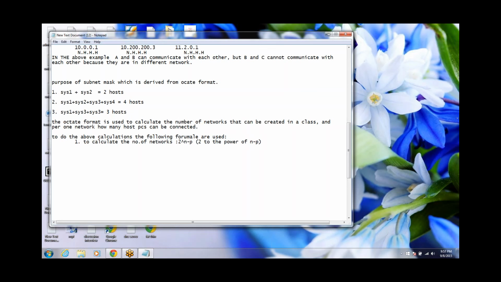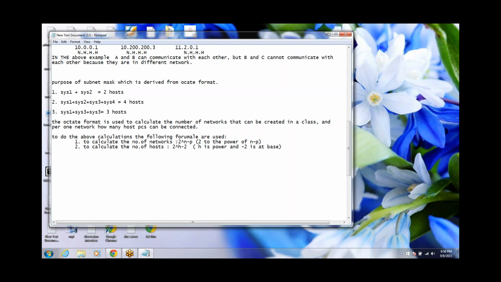The second one, to calculate the number of hosts, the formula is 2 to the power of h minus 2. Here the minus 2 is at the base, only h is at the power.